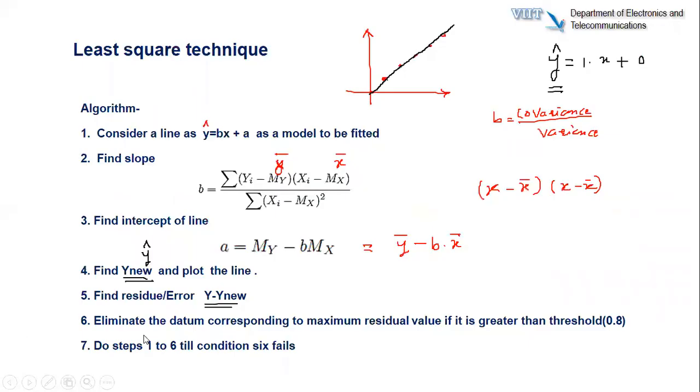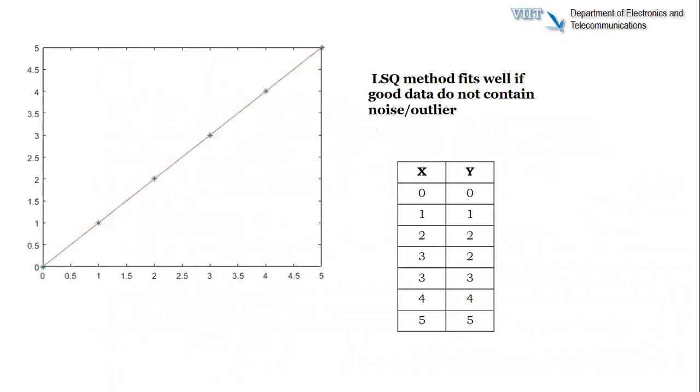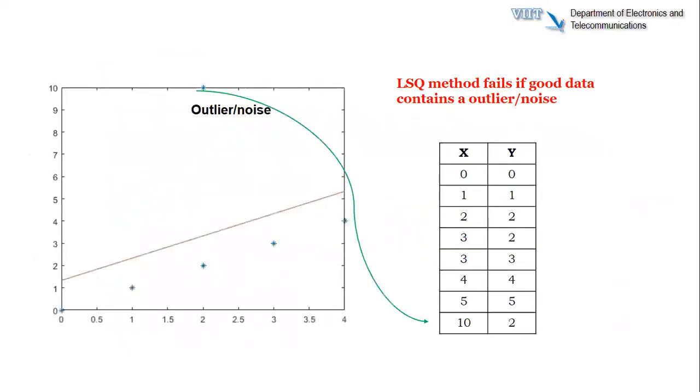Once I add this sample 10, my entire fitting of the line, that means the line equation, the parameter estimation goes wrong.